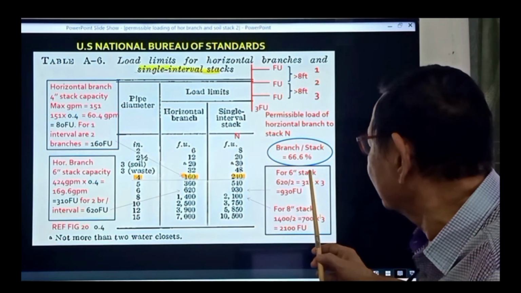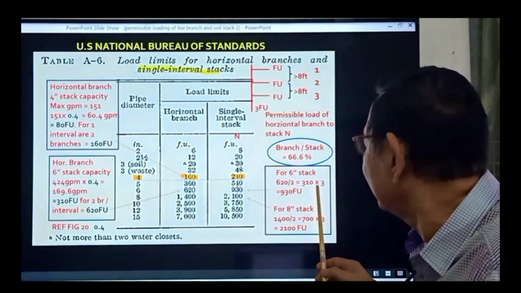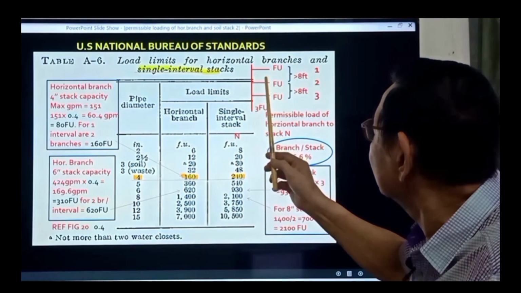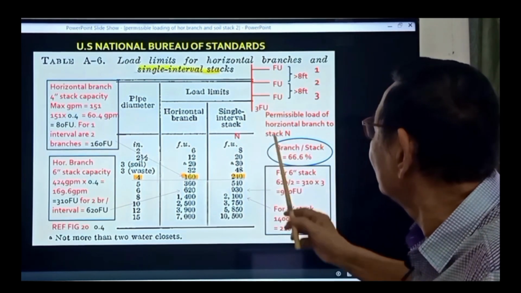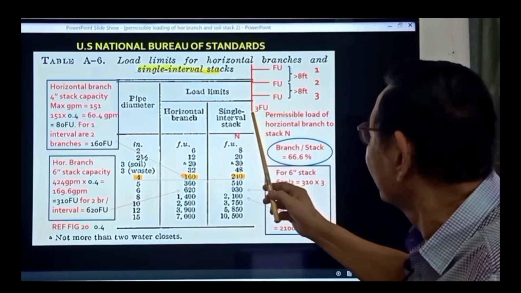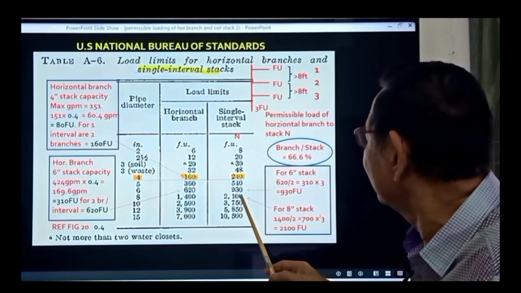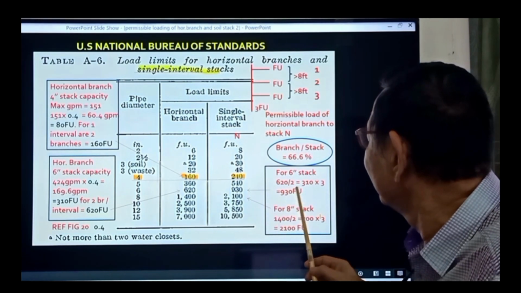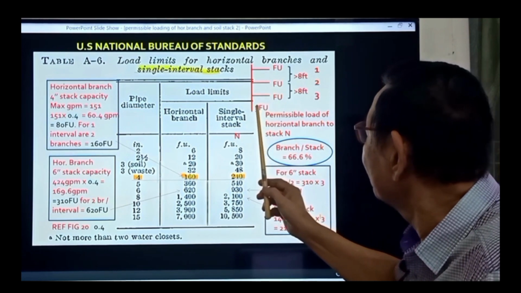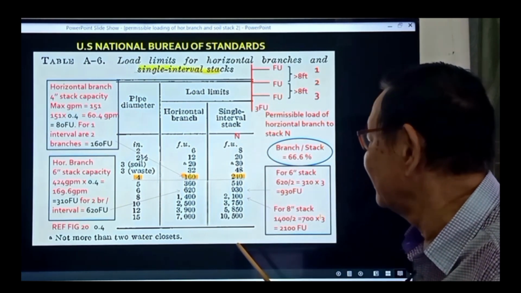6 inches stack, 620 divided by 2, 310, times itong stack na ito. Itong isa nito, ang capacity nito, kung 6 inches itong stack nito, ang horizontal branch niyan, equivalent niyan, is 310. Ito 310. Ang capacity nito, 3 times 310, which is equal to 930.